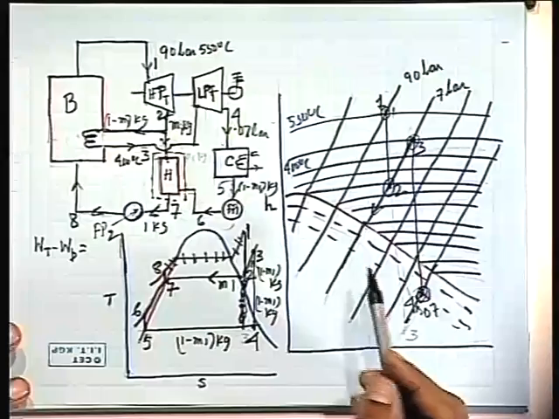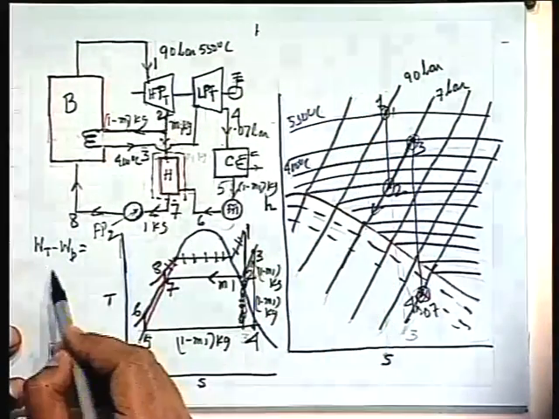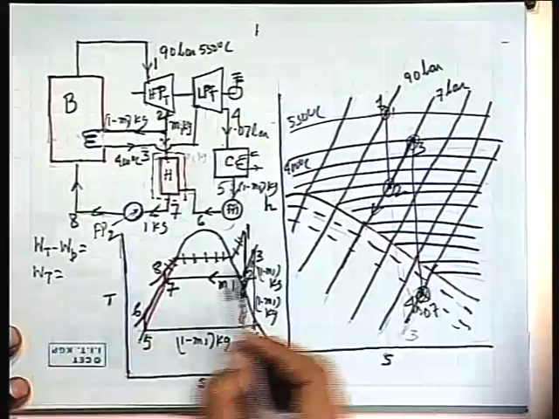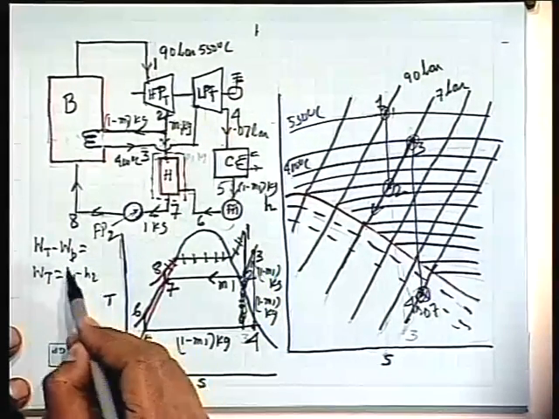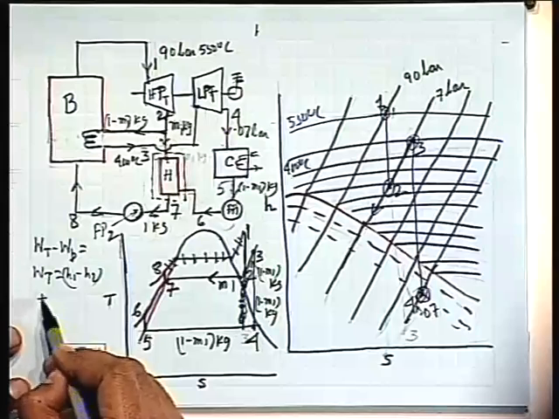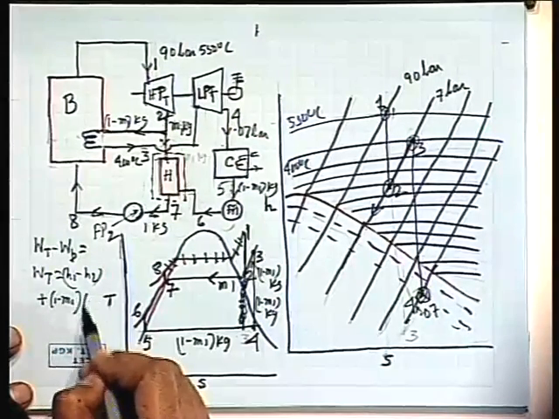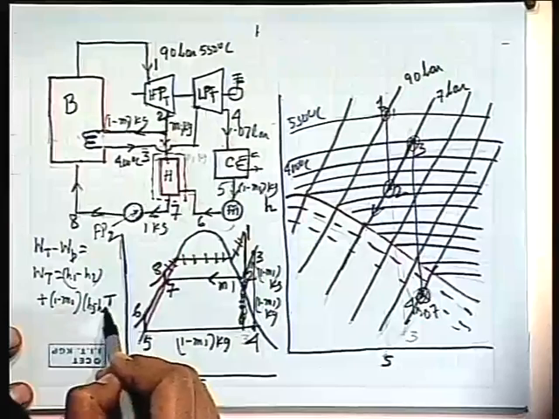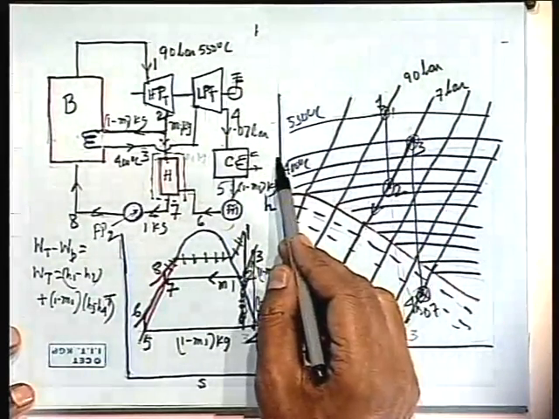Please tell me, space is not there, I cannot write all. WT here I write. WT is what? h1 minus h2, very good, plus 1 minus m1 into h3 minus h4. And all these things, h1, h2, h3, h4 are directly known.